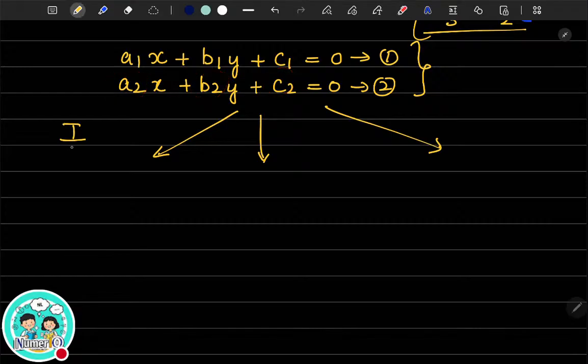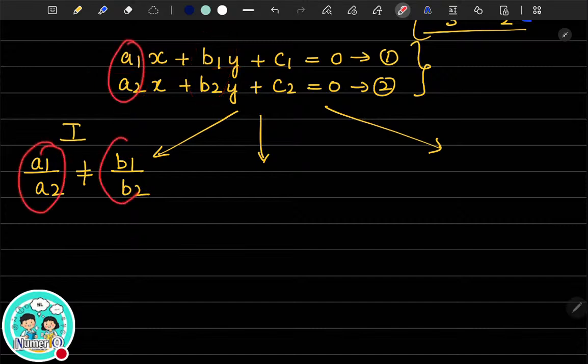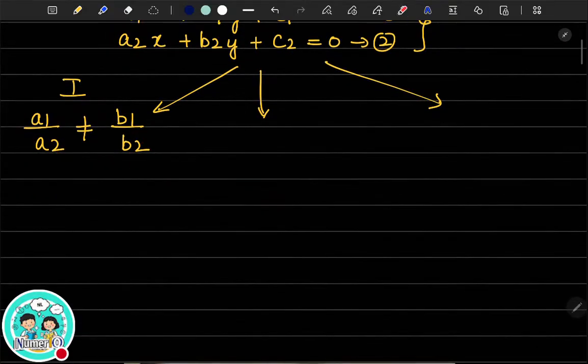In that case, your first scenario is if a1 by a2 is not equal to b1 by b2. Just by looking at the pair of equations, you will be able to tell a lot of information. The first thing is to take the ratios a1 by a2 and b1 by b2. If you get that a1 by a2 is not equal to b1 by b2, what should you write?